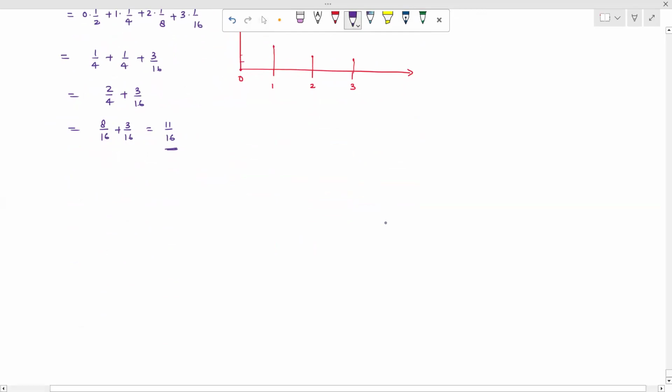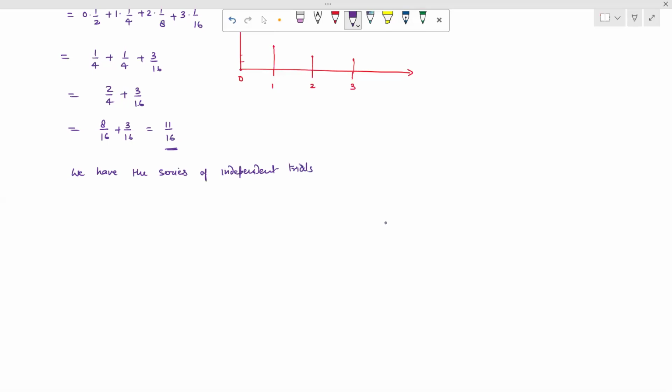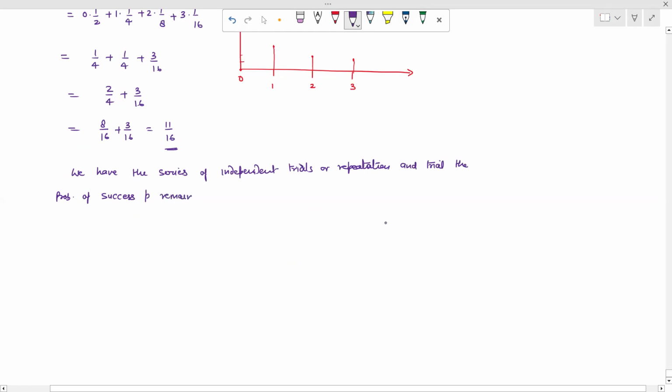We say that we have a series of independent trials, or repetitions, and in each trial the probability of success p remains the same.